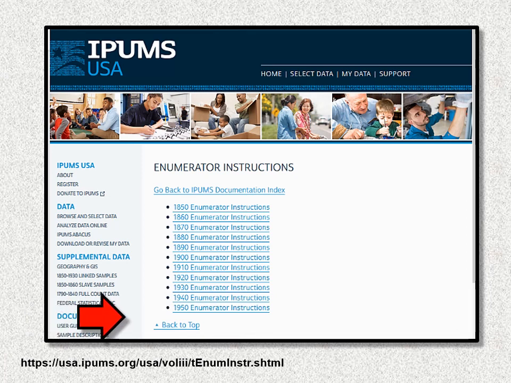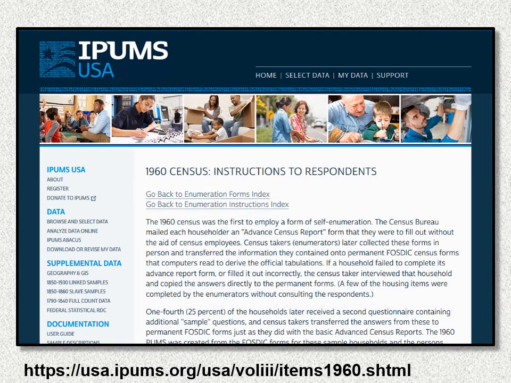There is another source of instructions to enumerators at the University of Minnesota's IPUMS website. However, as you can see here, they stop at 1950. But just like the Census Bureau, they show the instructions to the respondents going through the various forms.